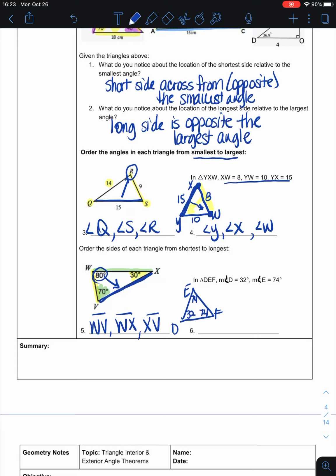So in this case, notice if I have two angles the same, that means I'm going to have two sides that are the same. So my shortest side is across from my smallest angle. Well, here's my 32-degree angle. So that means my shortest side has to be EF. And then my other two sides, ED and DF, are going to be the same length, because this triangle has to be an isosceles triangle.